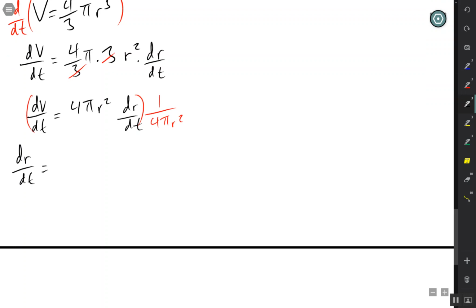So what we're looking at is, I just switched it around. This side went over here and that side went over there, multiplying both sides by 1/(4 pi r squared), so that would cancel out and go to the other side. And then from here, it's just plug and play.